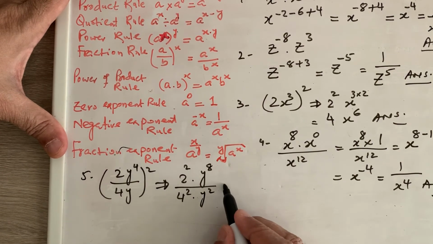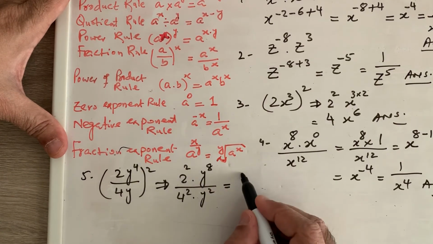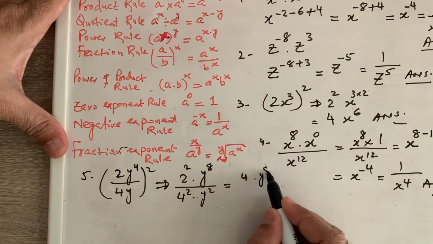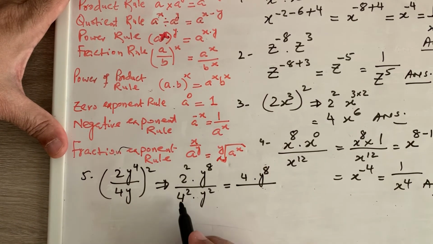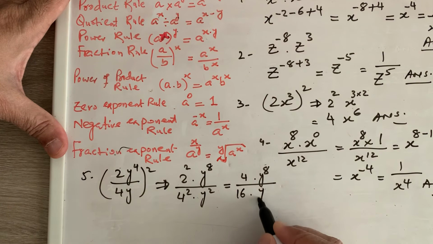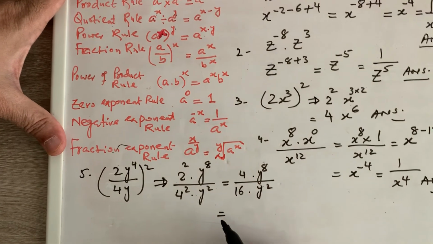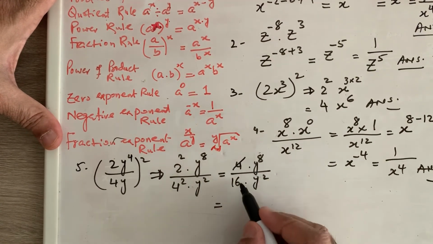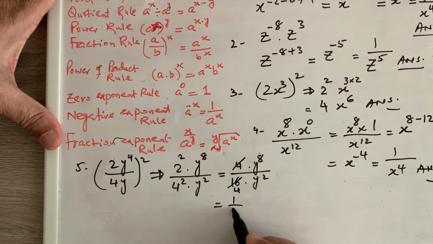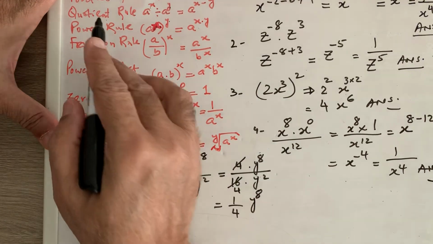Now this gives me 2 to the power 2 is 4, y to the power 8 remains for the time being, over 4 to the power 2, which means 4 times 4, which is 16, and y squared. Now 4 and 16 cancel with each other: 4 fours are 16, so I have 1 over 4, and I have y to the power 8, and then the quotient rule.